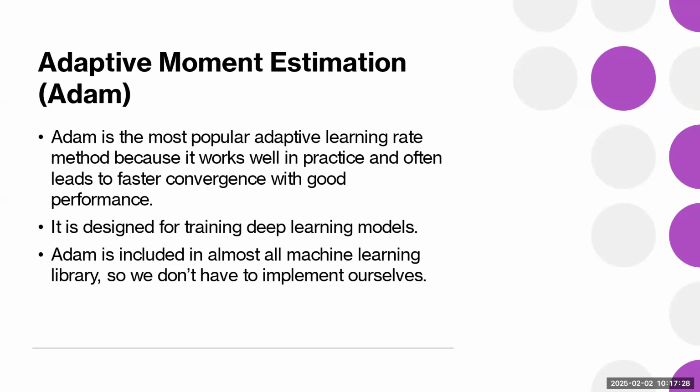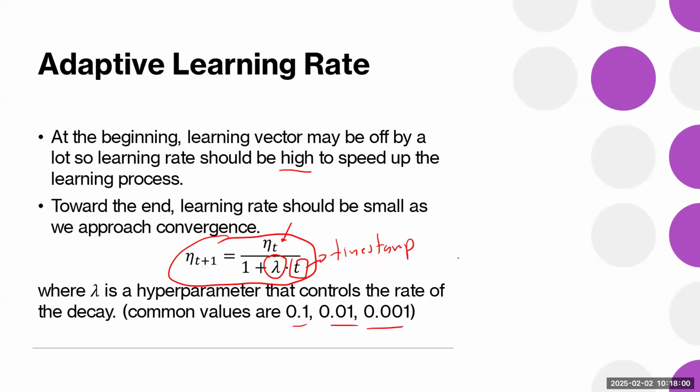The purpose of ADAM is for training deep learning models. So in almost all machine learning libraries, you're going to have ADAM, so you don't have to specify the learning rate. Well, you could specify the initial learning rate, and you would use ADAM to pick the new learning rate for the next iteration. But for now, we are going to stick with this equation because it's easier to explain and easier to compute.